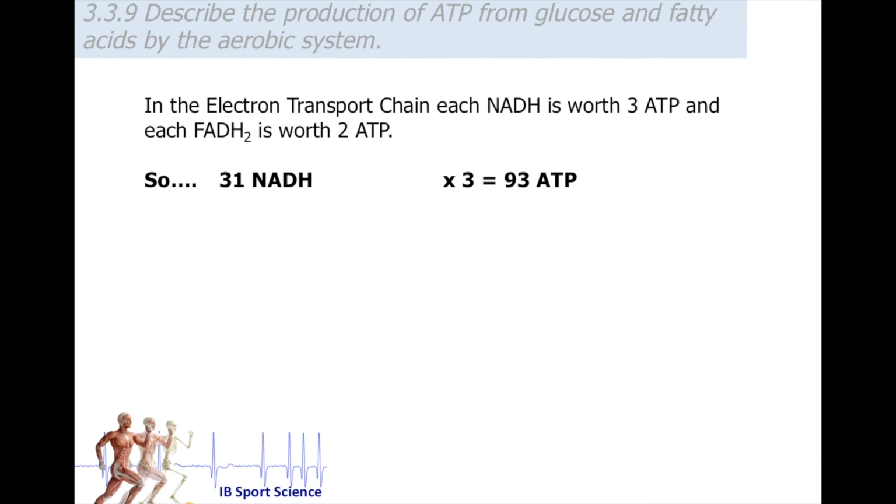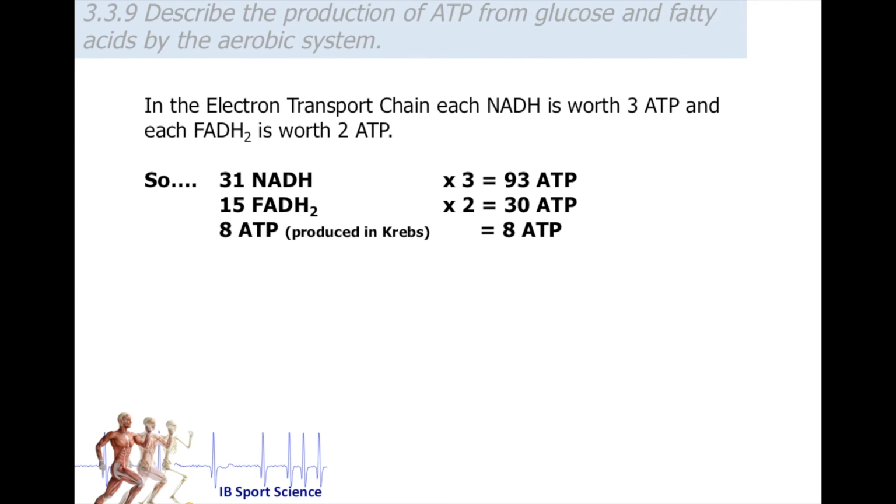So overall, 31 NADH is worth 93 ATPs. 15 FADH2s are worth 30 ATP, and then we can add in the 8 ATP molecules which are produced in the Krebs cycle. So in terms of the ATP that we get from breaking down a 16 carbon chain of palmitic acid, we end up with 131 ATPs.